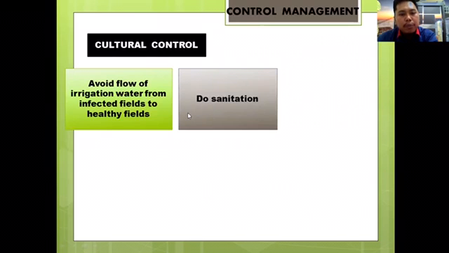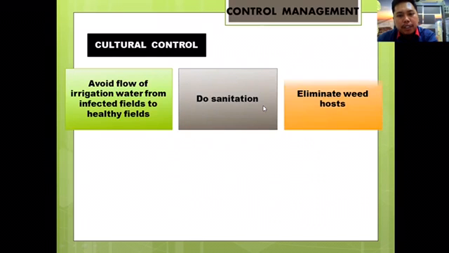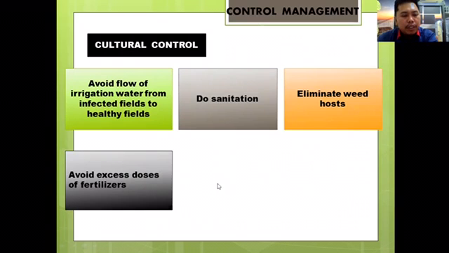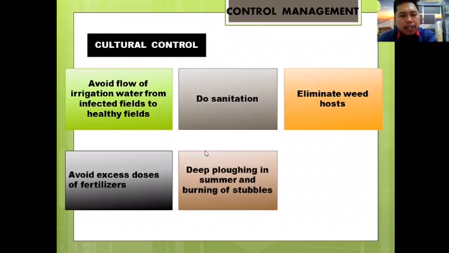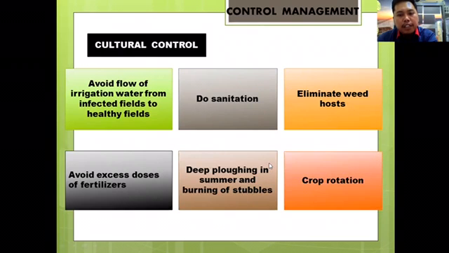Second, you must do sanitation. Third, you must eliminate weeds. Another, you must avoid excess doses of fertilizer. You must do deep ploughing in summer and burning of stubbles. And lastly, you must use crop rotation.